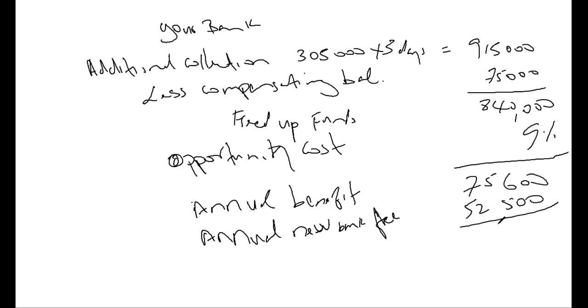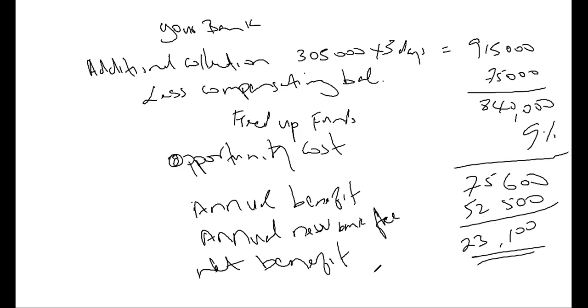Therefore, based on that, we have a net benefit of 23,100. So that would be annual savings, or let's say a net benefit. So would we accept or would we reject? Accept. We'll accept.